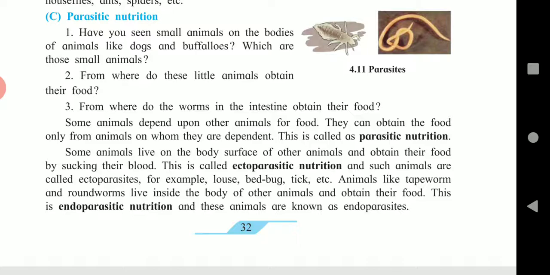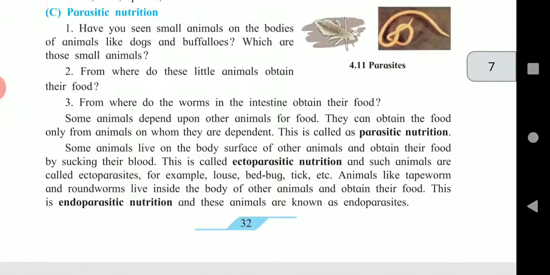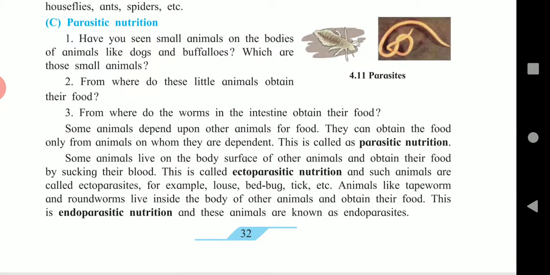Parasites are mainly of two types, ectoparasites and endoparasites. Ectoparasitic nutrition: this type of parasite is seen on the body surface of the host, obtaining food by sucking the blood or body juices.